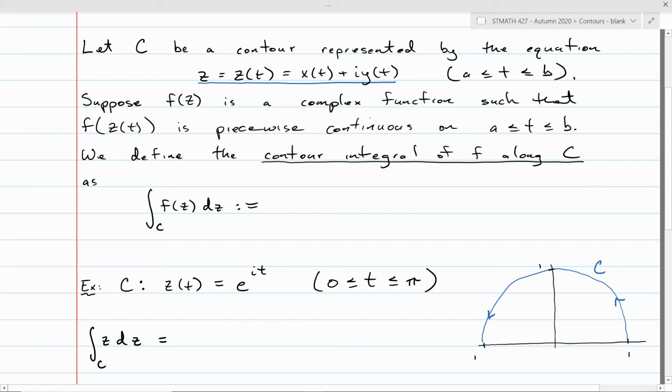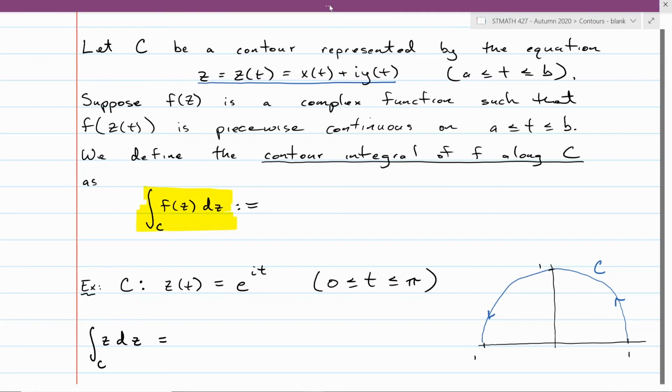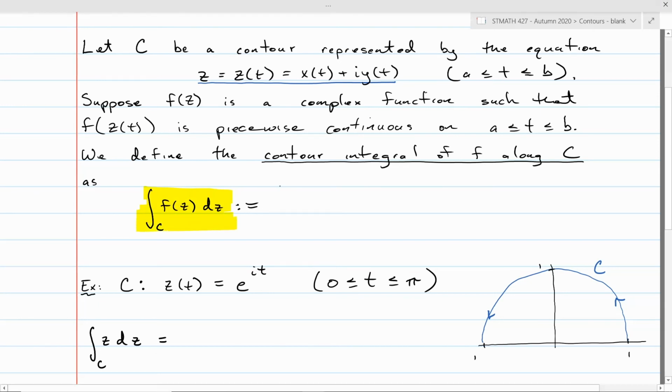If you have that setup, then we can define the contour integral of the function f along the contour C as follows. We're defining this notation down here in yellow. That is, by definition, the integral from a to b of f composed with z of t, and then dz becomes z prime of t dt.